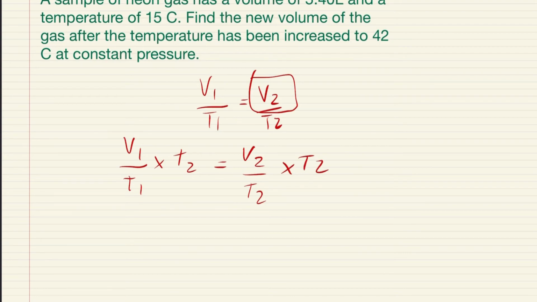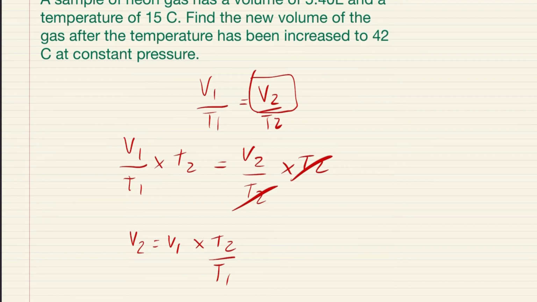Again, we want to get V2 by itself, so we have to multiply by T2. So these cancel out, and what we're left with is V2 equals V1 times T2 over T1.